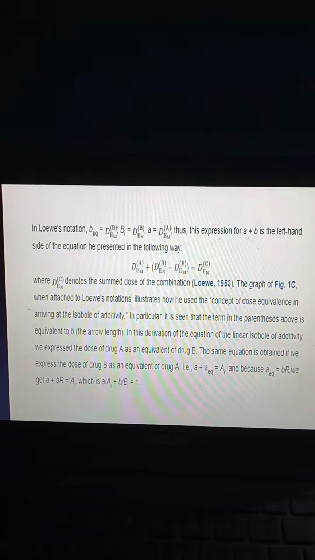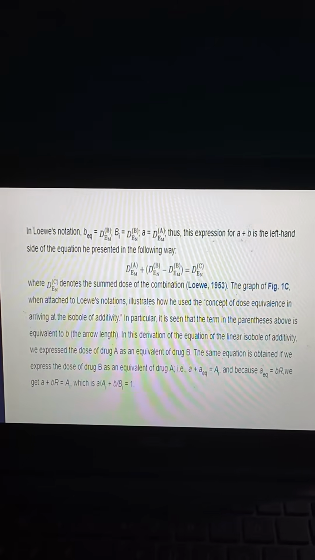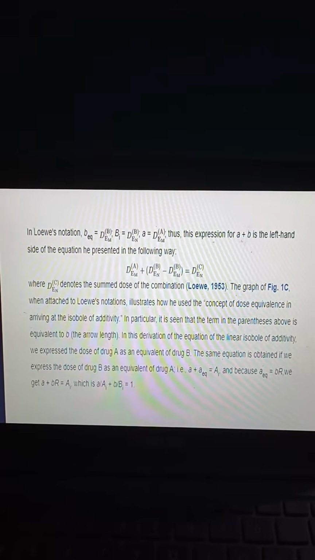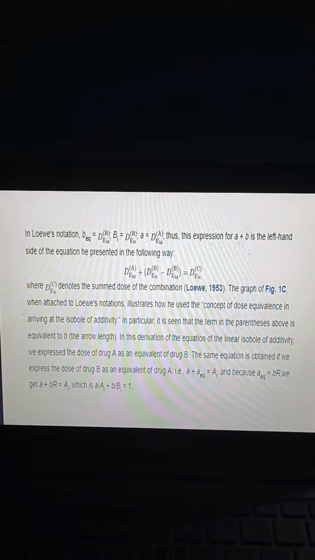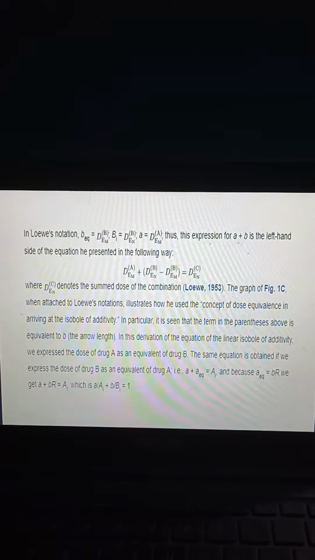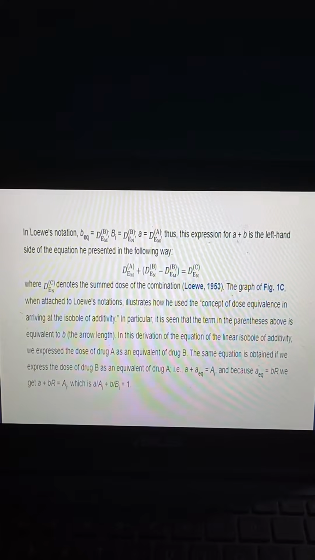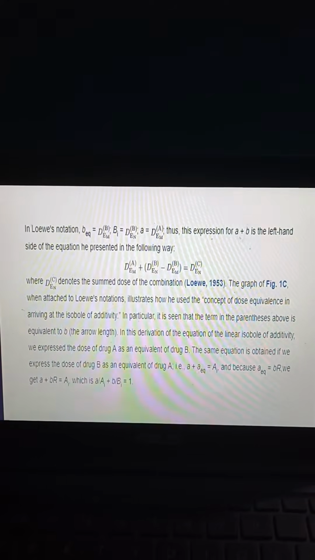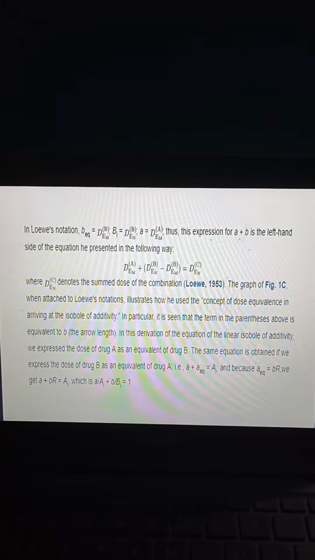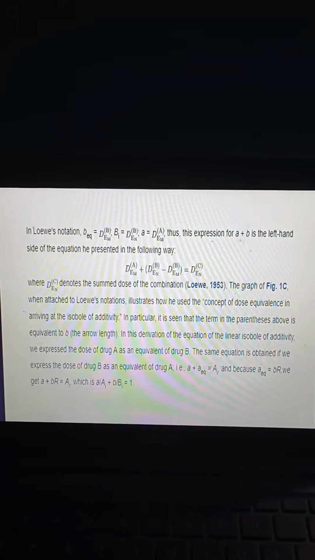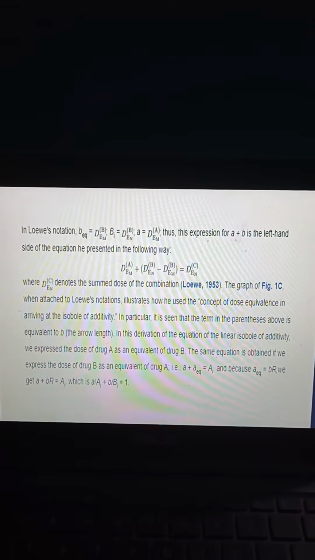In Loewe's notation, b equivalent is equal to DE_mB, B_I is equal to DE_nB, and a equivalent is equal to DE_mA. Thus, this expression for a plus b is on the left hand side of the equation, which he presented in the following way: DE_mA + DE_nB minus DE_mB in brackets is equal to DE_nC, where DE_nC denotes the summed dose of the combination, Loewe 1953.